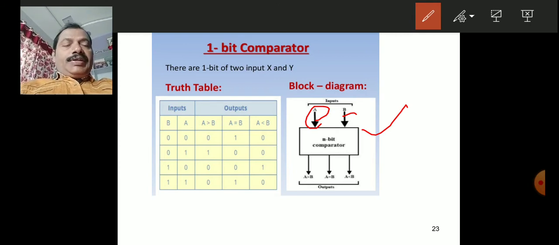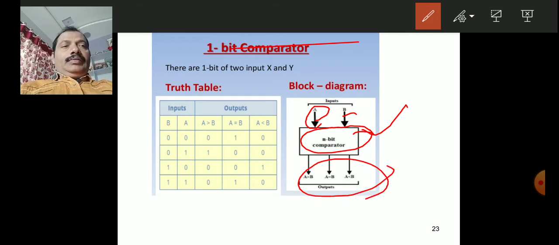So this is n-bit data. Two n-bit data are available. The n-bit comparator will compare these two n-bit data items and produce three possible outputs only.